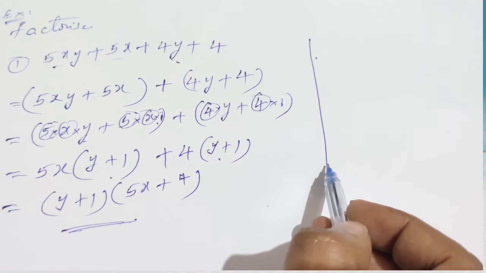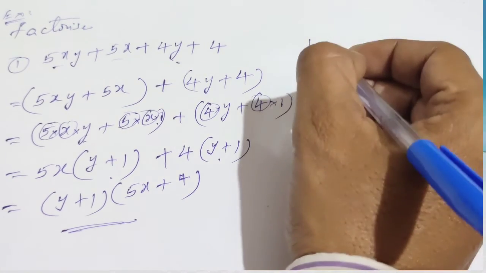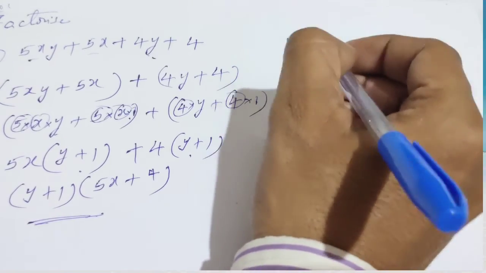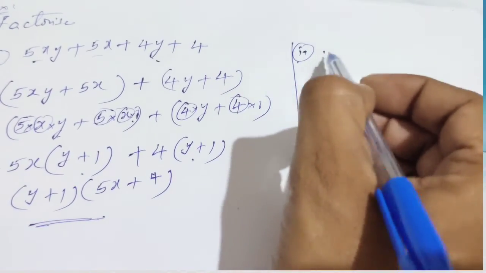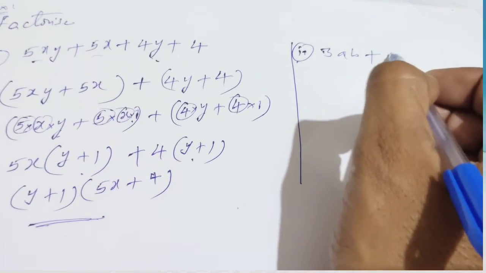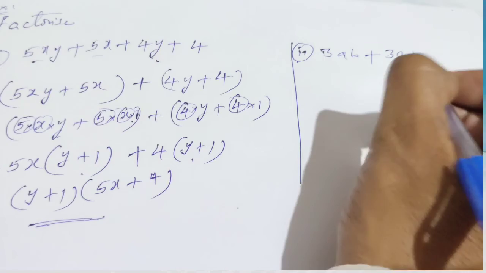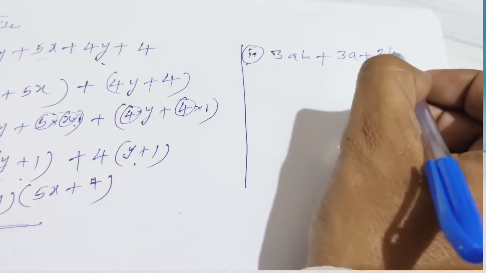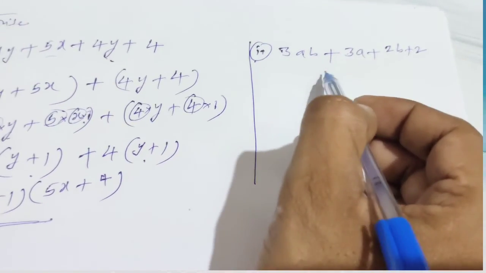Okay. Now one more sum, 3ab plus 3a plus 2b plus 2.